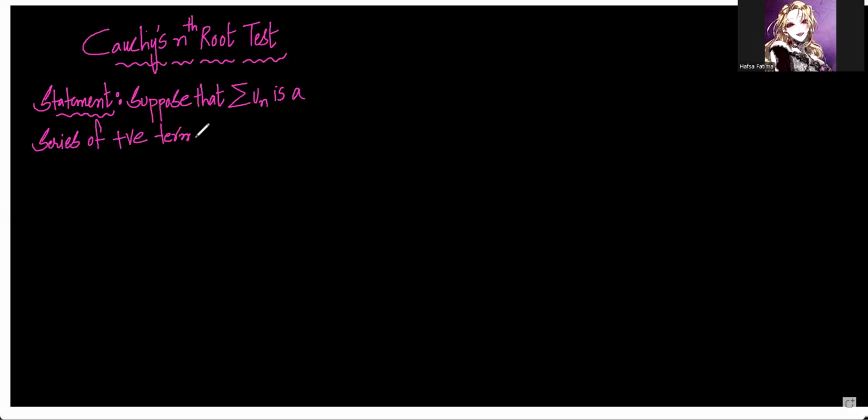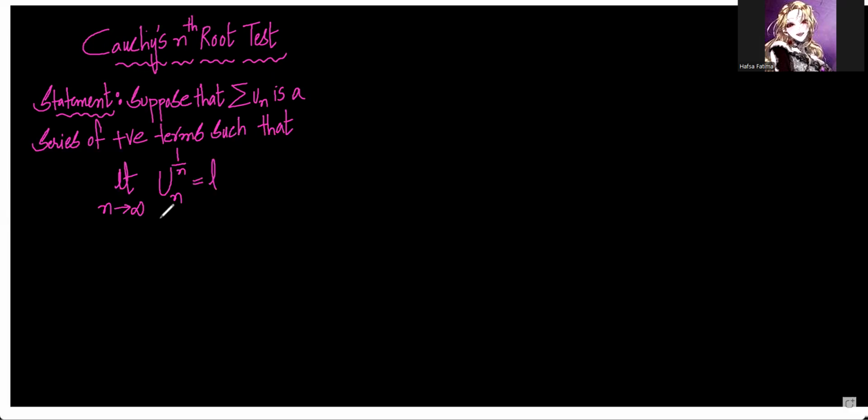Series of positive terms such that, you can see what here it is. Limit n tending to infinity, nth root of Un. Un is nothing but our nth term here. For that nth term, we have to take nth root. So I repeat once again, nth root of nth term is equal to L.